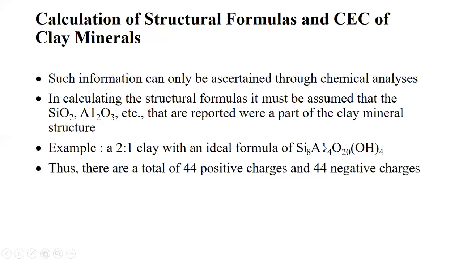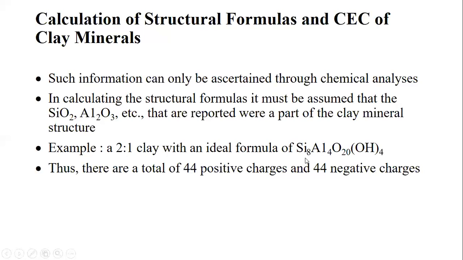So the aluminum will be in the octahedral sheet. Silicon will be in the tetrahedral sheets. And of course, the OHs in the octahedral and the oxygens in the tetrahedral. Thus, there are a total of 44 positive charges, 44 negative charges.